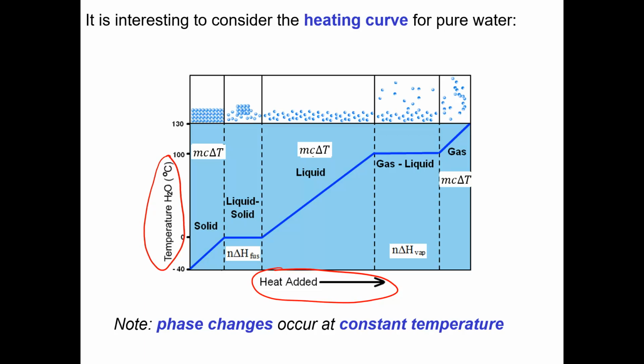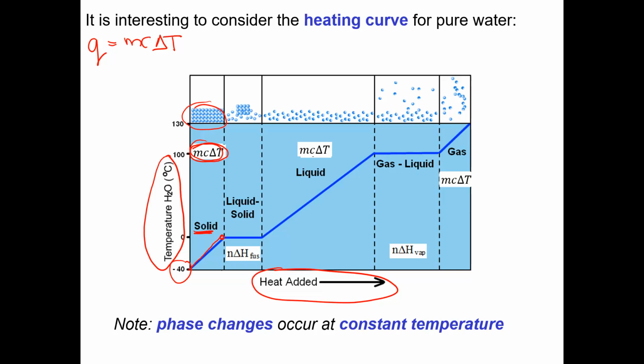We start at minus 40 degrees Celsius, where the water is very much solid, and all the water molecules are in a nice orderly array here. Then we start adding heat, and we observe that the temperature rises linearly. The relationship between the temperature rise and the heat that is added is that Q equals mc delta T.